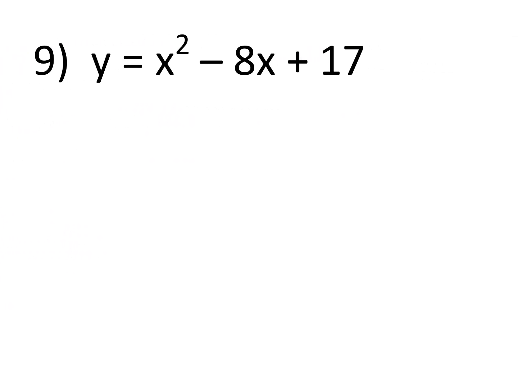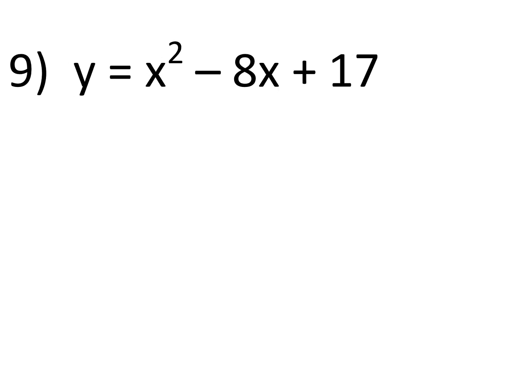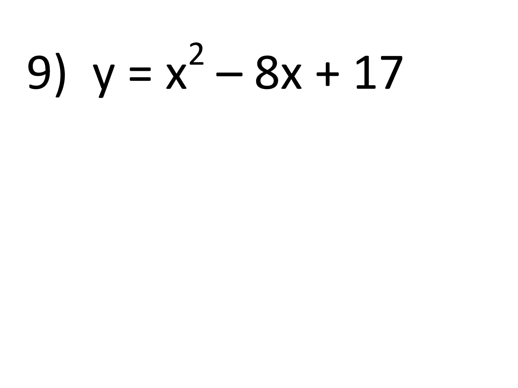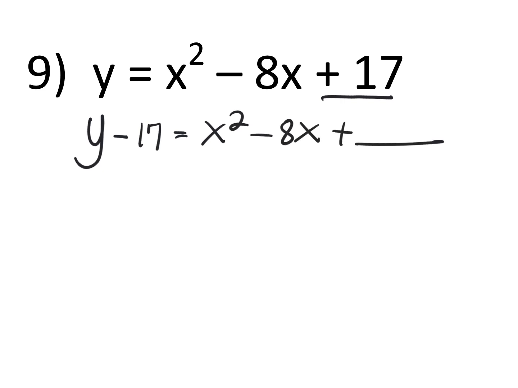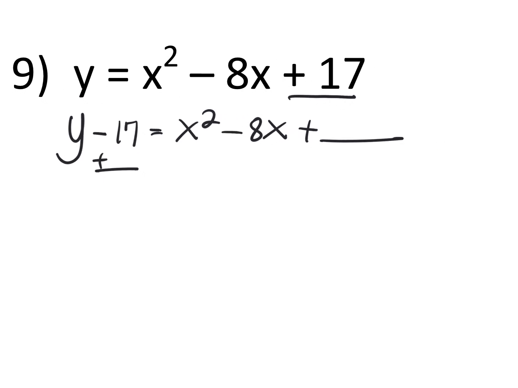Number 9. y is equal to x squared minus 8x plus 17. The same procedure. We're going to put this on the other side. y minus 17 is equal to x squared minus 8x plus, I'm going to leave a blank in there, and I'm going to leave 1 blank in here as well. My middle term in here is negative 8. Negative 8 divided by 2 and then square that.